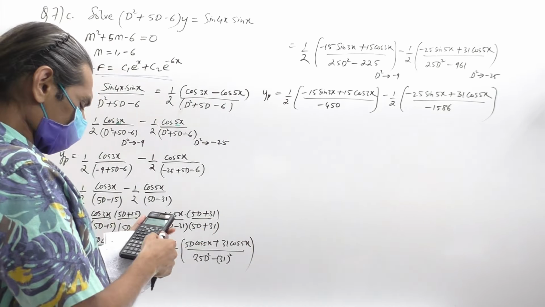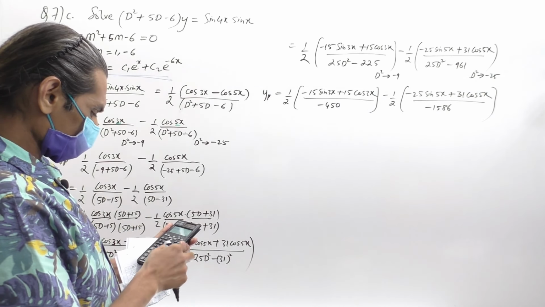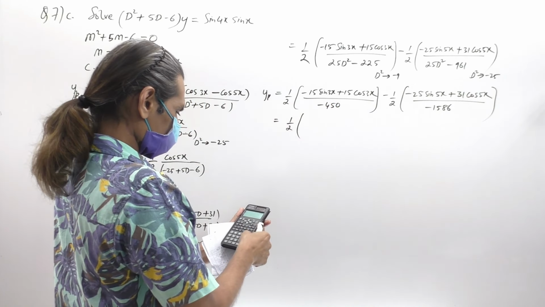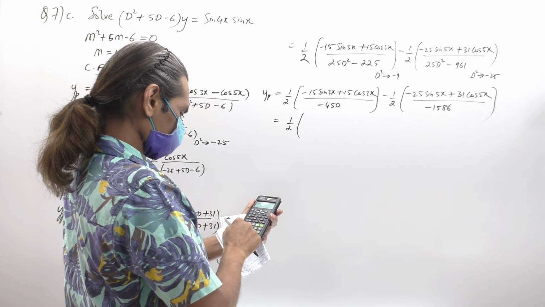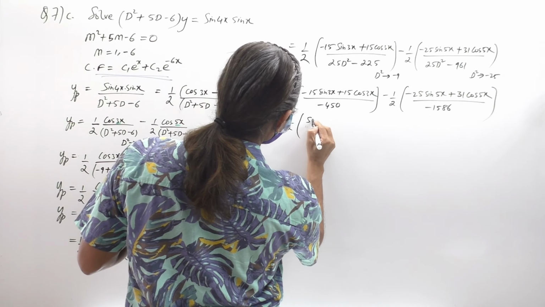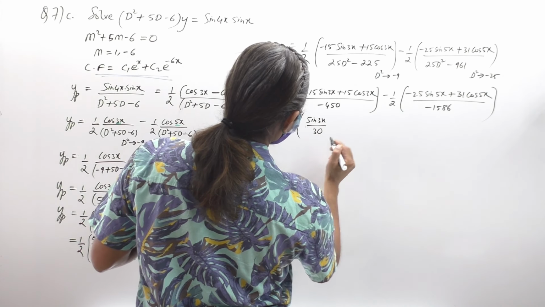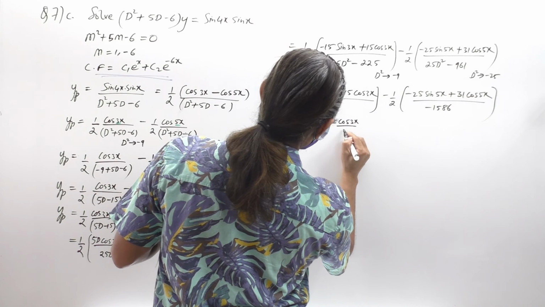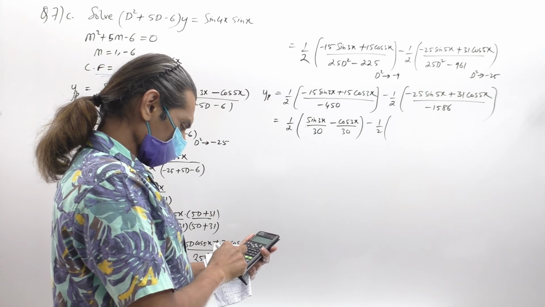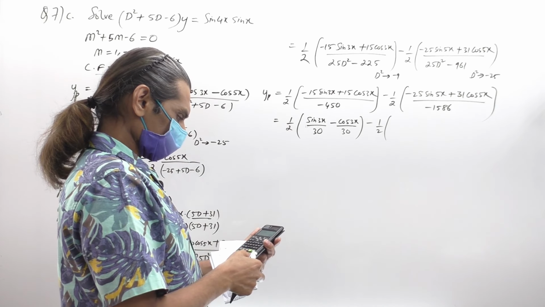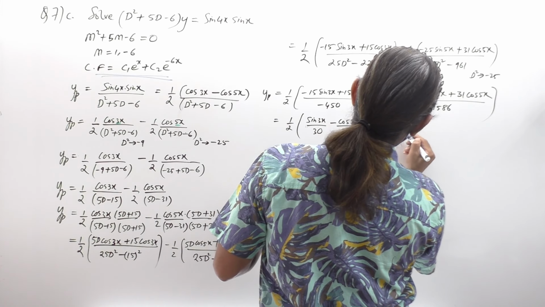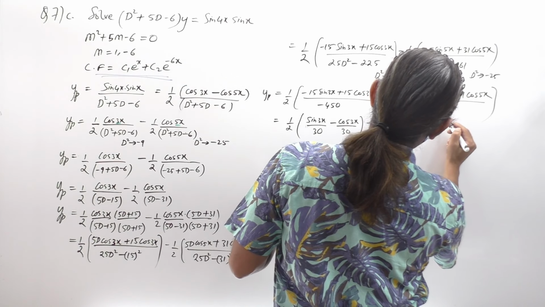If you want, you can simplify it. 15 divided by 450, you can write this as 1 by 2 into, see, 15 divided by 450, I can reduce it to 1 by 30, minus 1 becomes plus, so sin 3x by 30, again minus cos 3x by same thing 30, again minus 1 by 2 into, let's see if this is possible, 25 divided by 1586, same only, so 25 by 1586 sin 5x.